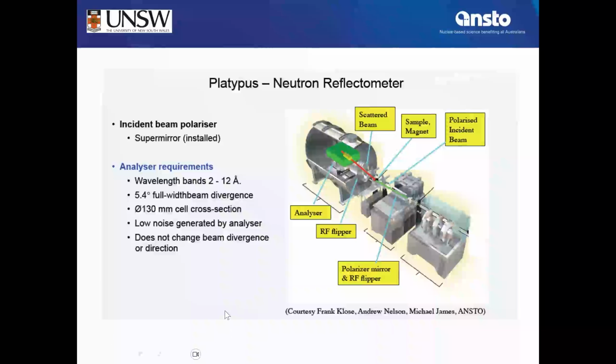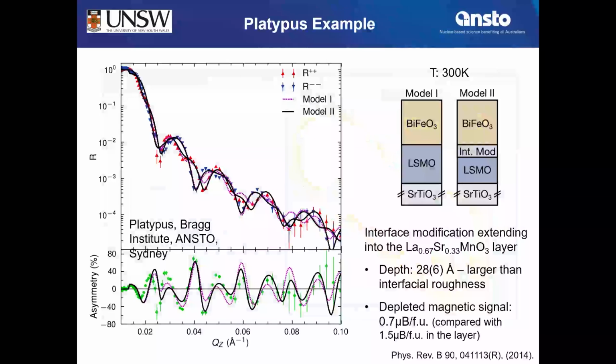And the analyzer would also detect polarized neutrons, and we have high frequency spin flippers before and after the sample. And here would be the sample location, in the ideal case in an external magnet. So we have a polarized incident beam and we have two spin polarizers. And that's what we get.